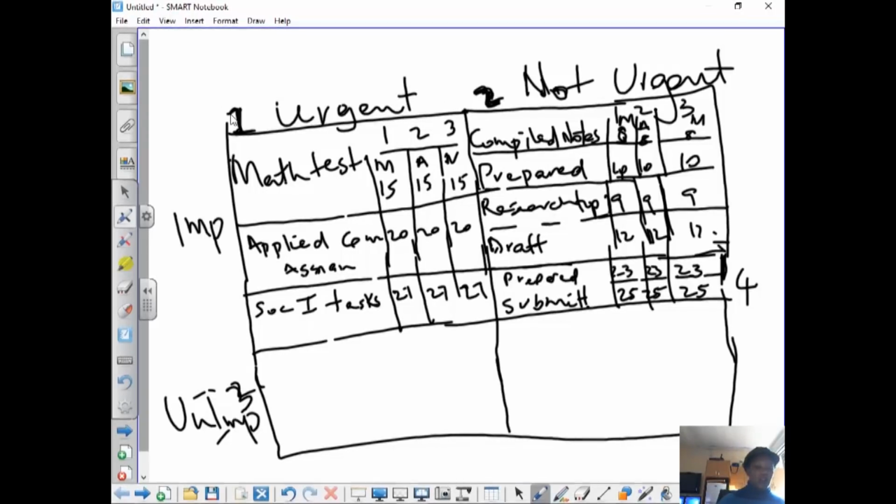Whereas here, in quadrant 3, what is going on is that those are unimportant things. So it could be WhatsApp chats.